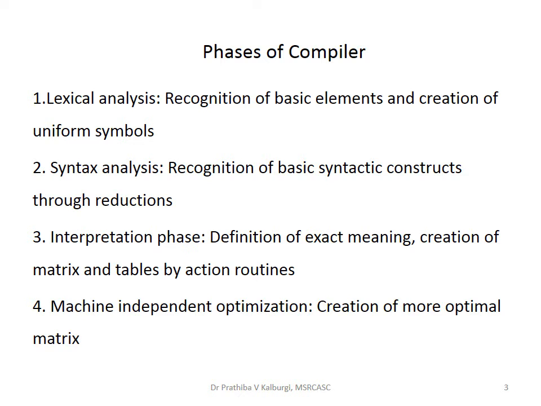And then along with that, it is going to create an identifier table as well as the literal table. So in this, it eliminates the common sub-expressions as well as the compile time which is required to compute the program.